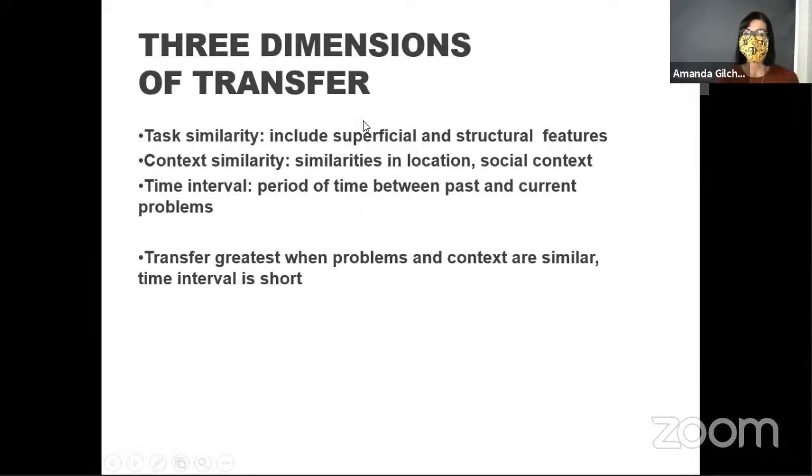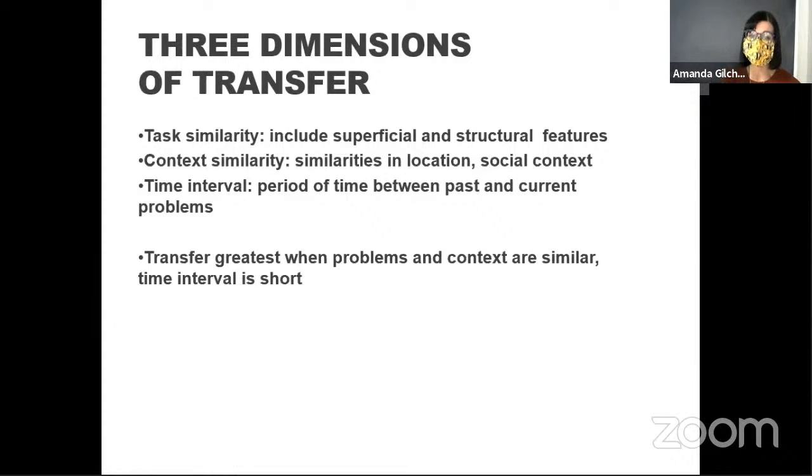So superficial features include things that are not really relevant to solving the problem, such as the overall framing of the problem. And then we have the structural features of the problem. So this is basically the causal relationships between the main components in the problem. And we'll talk about superficial and structural features in a little bit.